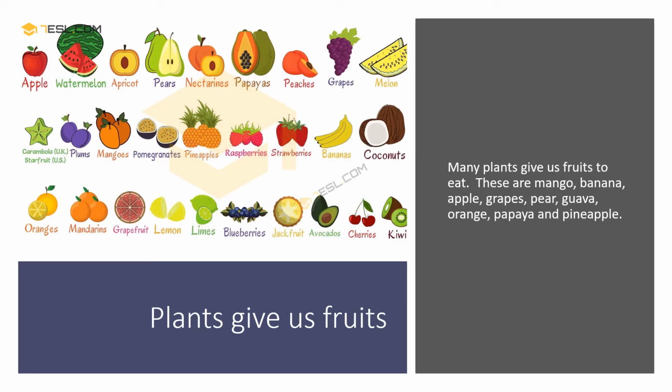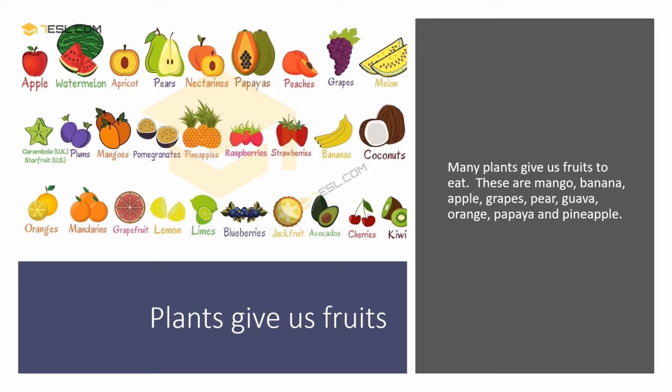Children, all the fruits that we eat, they come from plants. Okay. So let us sum it up by saying plants give us fruits. Yes, plants give us fruits also. Now look at all the fruits over here. You will identify apple, watermelon, apricots, peaches, pears, grapes, melons.